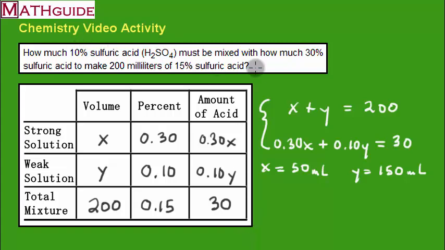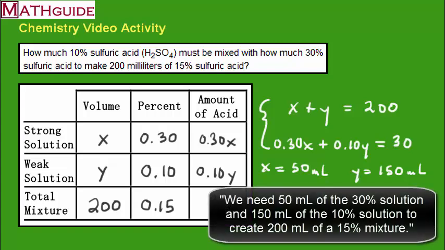And if our problem is given to us as a sentence, then we respond with a sentence, because we're educated people, or at least we want to learn to be educated people. So we say that we need 50 milliliters of the 30% solution to be mixed with 150 milliliters of the 10% solution, which will create 200 milliliters of a 15% mixture. And that's your final answer.